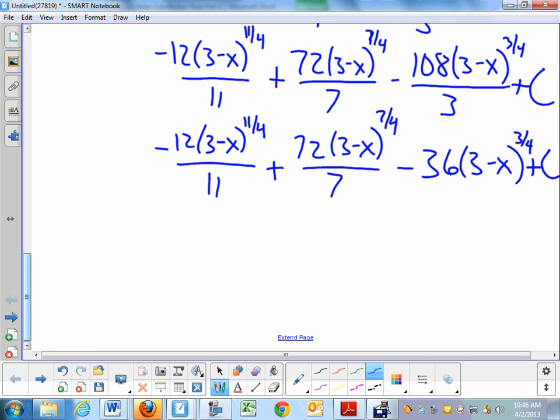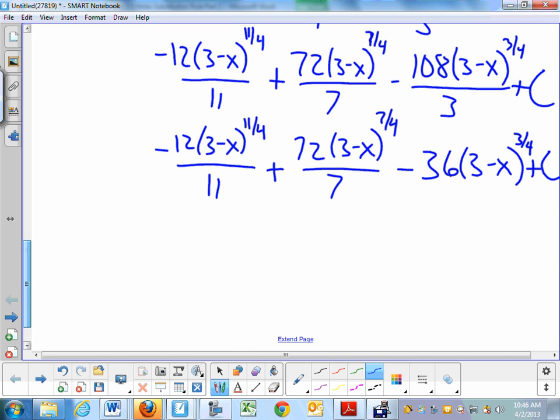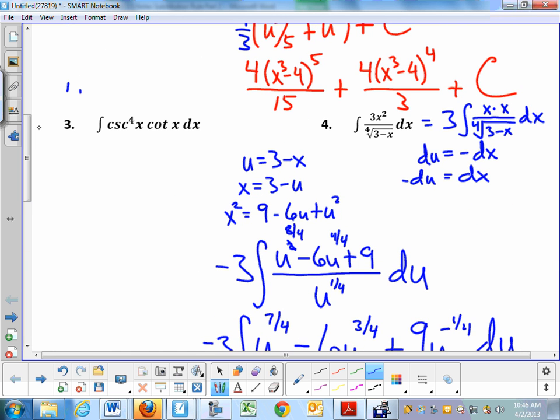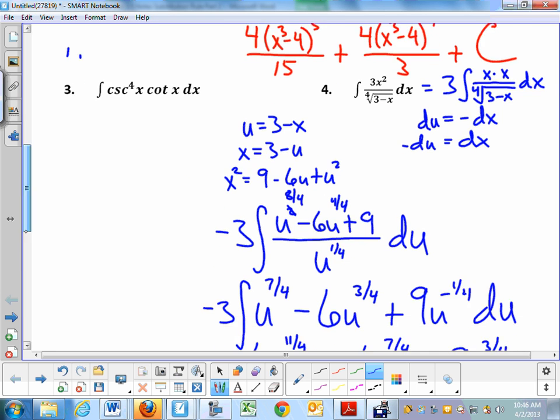It should look worse than what you started with. You're taking an antiderivative. We're not trying to write this in a nicer way. We're trying to take this and find an antiderivative. But we did it.